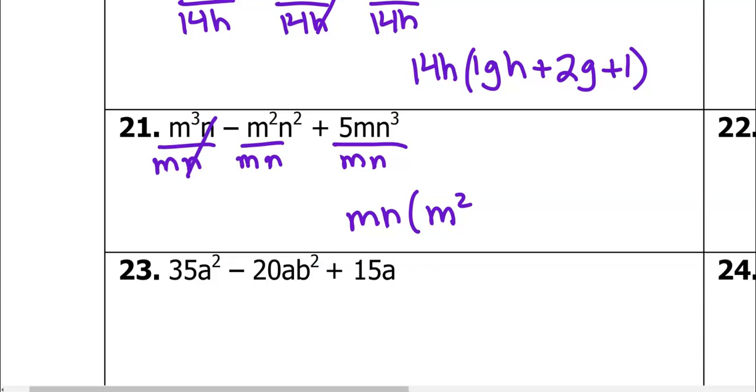My middle piece, M squared, took an M out, so I have an M left inside, and I have an N. Good. Yep. And then my last piece, my 5 is still here. The only M I had got moved up front. N3, I took one N out, so I have N squared left over. Good. Very good.